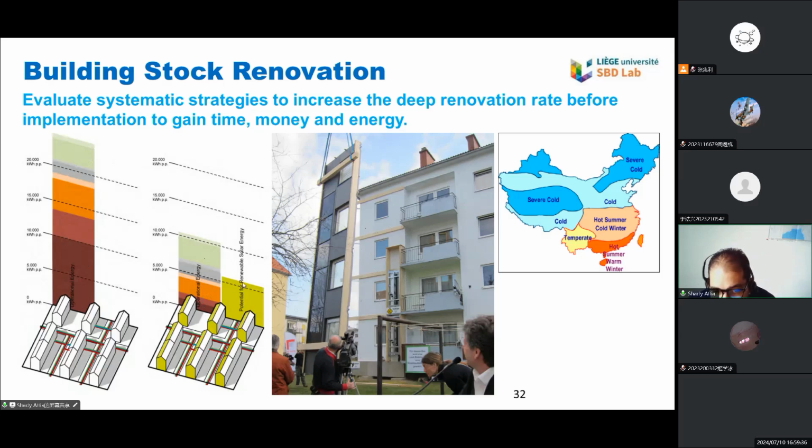As a consequence, if we install or integrate photovoltaics or PVTs, we can also reach a zero carbon neutral balance. So it is very important to take into account and evaluate these strategies to increase deep renovation rates in general, to gain money and to save energy, and most importantly, to achieve thermal comfort.